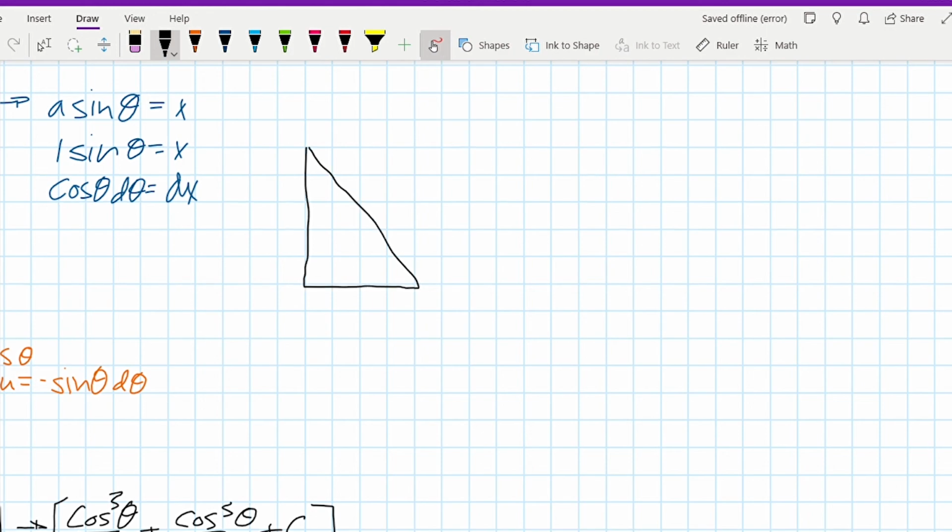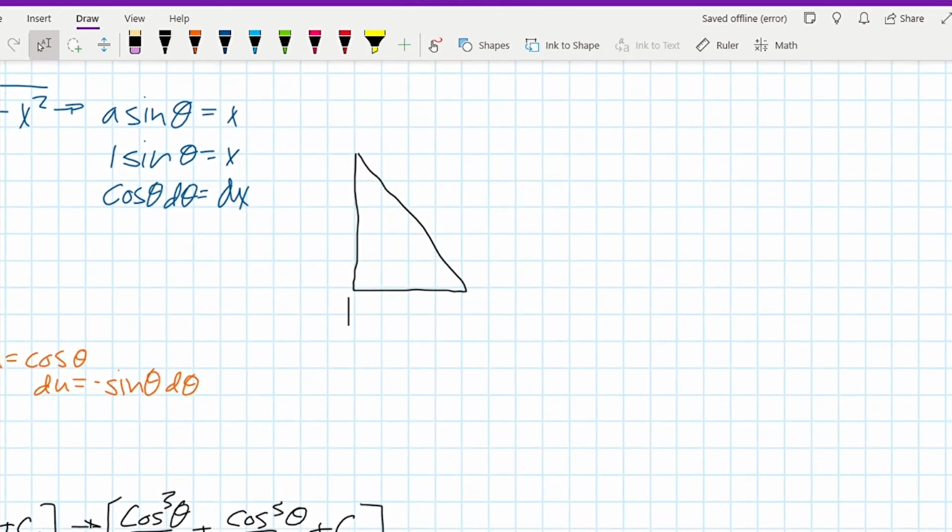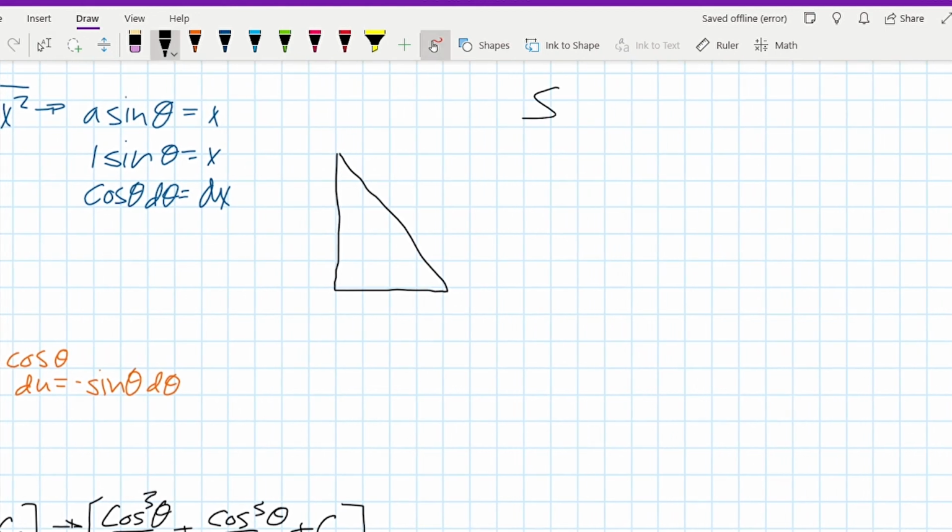I'm just going to draw a triangle. So what we said in the beginning was that sine theta is equal to x. So we know, because of SOHCAHTOA, sine is equal to opposite over hypotenuse. And so once we divide both sides by 1, you will have x over 1. So you will have your 1 as the hypotenuse and your x as the opposite side. So just using the Pythagorean theorem, we can solve for this.